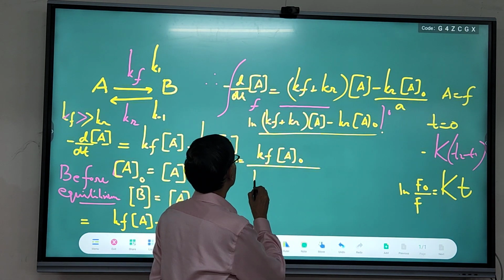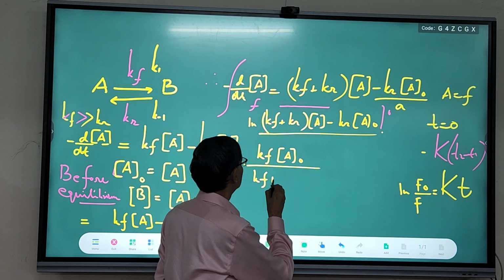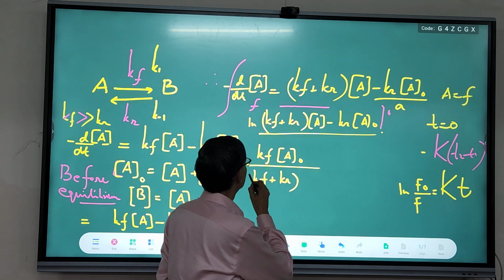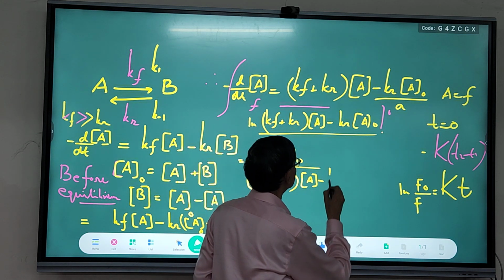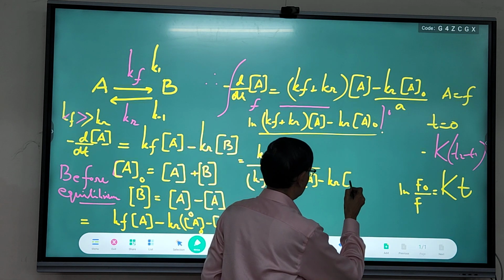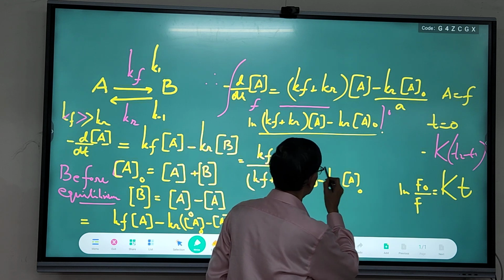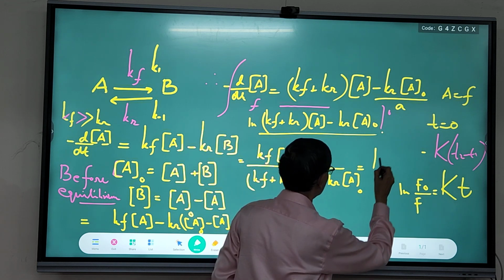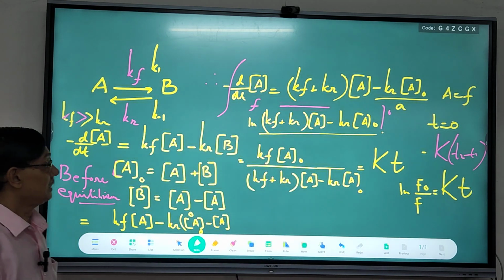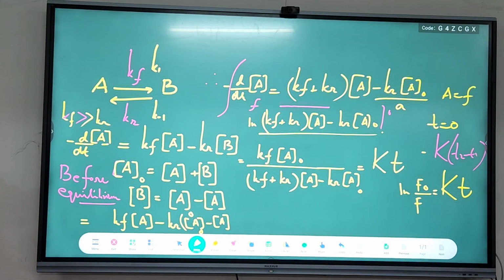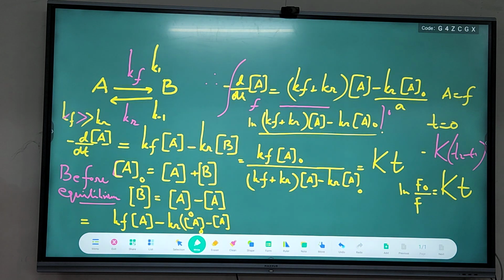So it is Kf plus Kr A minus Kr A0 is equal to capital K and T. But this is not the end of the story, because this is a reversible first order reaction.